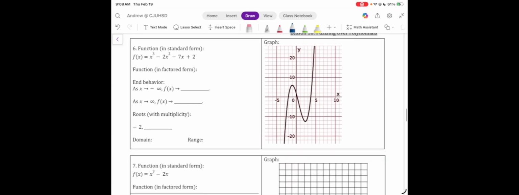Okay, number 6. Now they're giving it to us in factored form, but they are giving us one of the roots. The root is at negative 2, and we're asked to find the other roots. So you know what that means, we should do division. We should do negative 2, and synthetic division coefficients are 1, negative 2, negative 7, and 2.